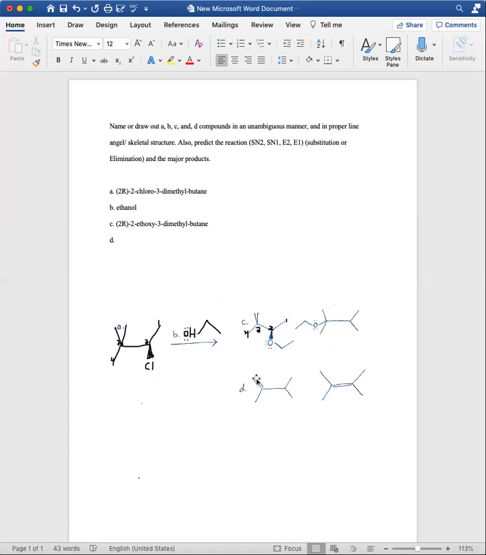So the first step is to name the longest carbon chain. So we can do 1, 2, 3, 4, 1, 2, 3, 4, 1, 2, 3, 4. But we have to look at the priority, which one has priority, and then the rest of them, which is this side.